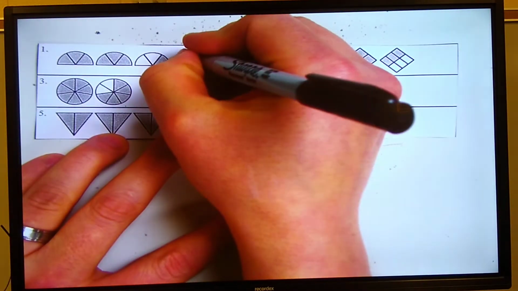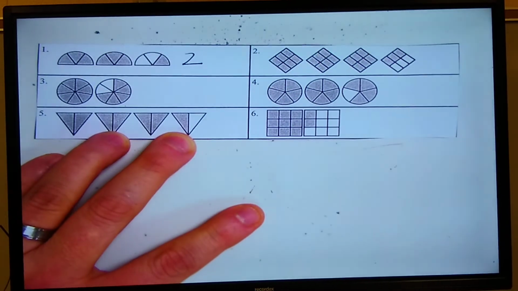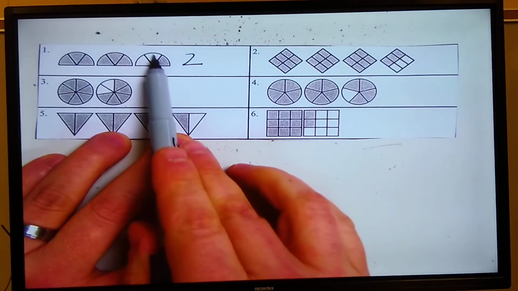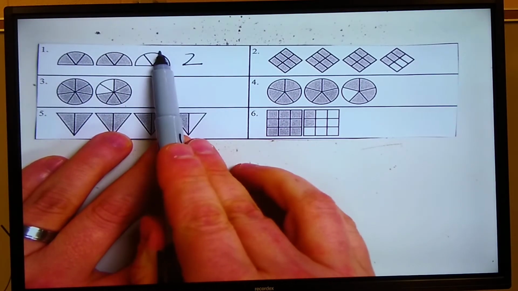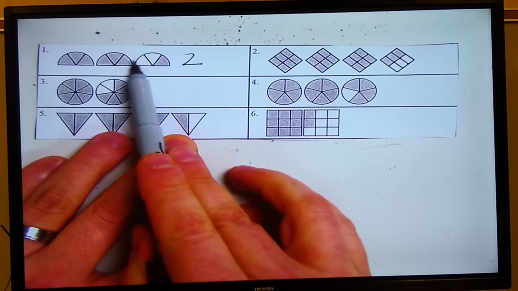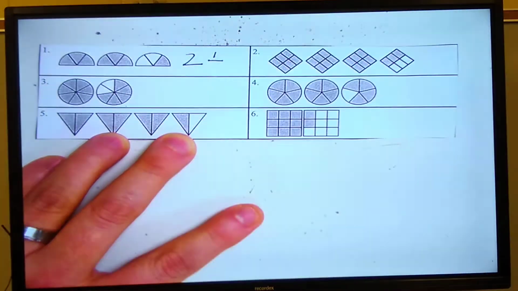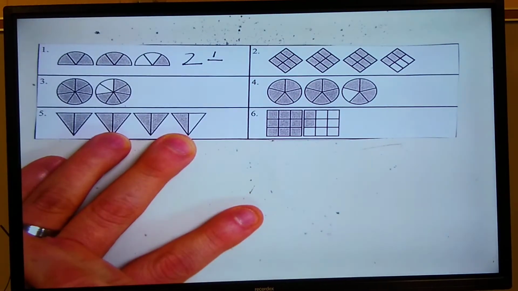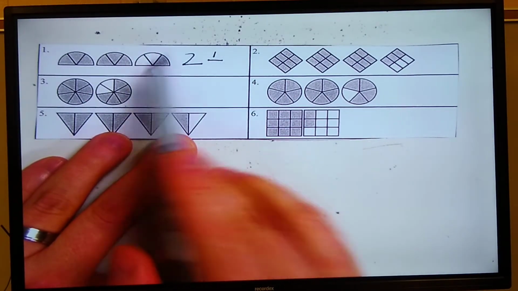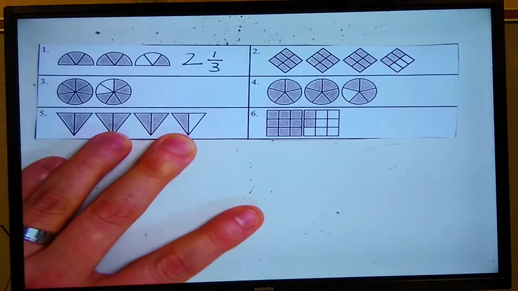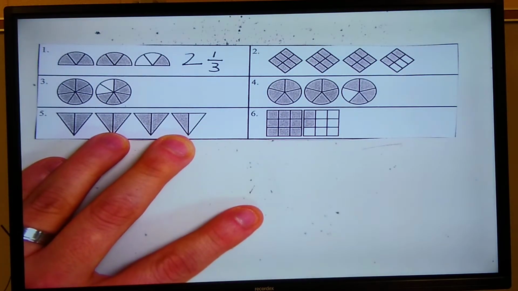So my whole number is going to be 2. Now I've got to figure out what my fraction is going to be. My numerator is how many are shaded in, 1. And my denominator is how many I have altogether, 1, 2, 3. So my answer is 2 and 1/3.